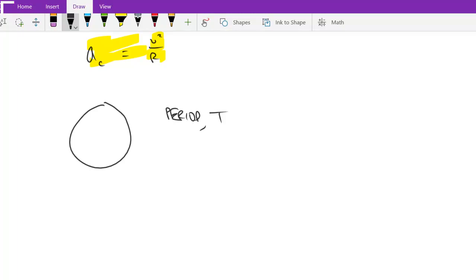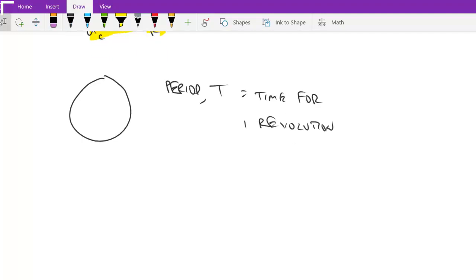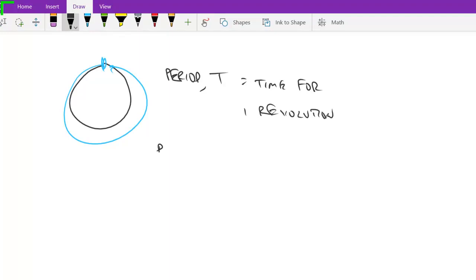The period is a capital T, and this is the time it takes for the object to go through one full revolution, or one rotation. So the period is the time for one revolution. And obviously the distance, if it goes through one revolution, is going to be from here all the way around, which would be the circumference, right? So the distance would be equal to the circumference.